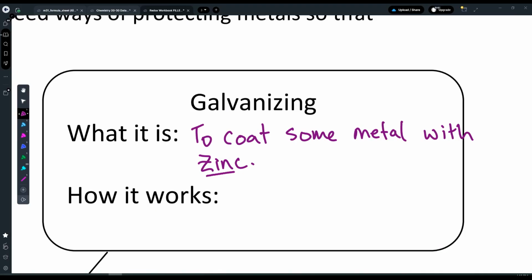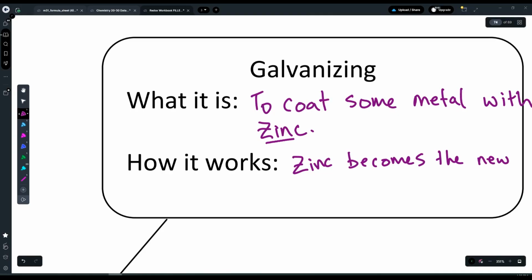So how it works is that zinc becomes the new strongest reducing agent. So instead of the metal that you want to protect reacting to rust, zinc will react instead. So I'm just going to abbreviate that to SRA.